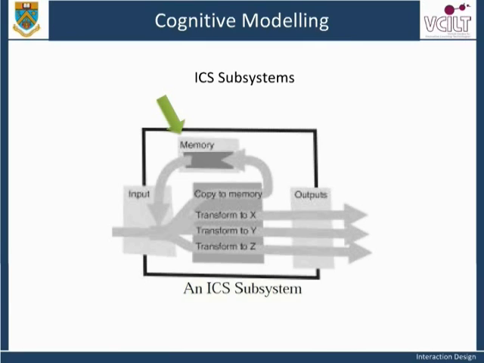All information which is input to the subsystem is stored in the memory record and can at a later point be used as an input to the subsystem. The outputs depend on the transformations which transform information from one form to another. In the example, we have three transformations which transform the input information into three different codes, X, Y, and Z.